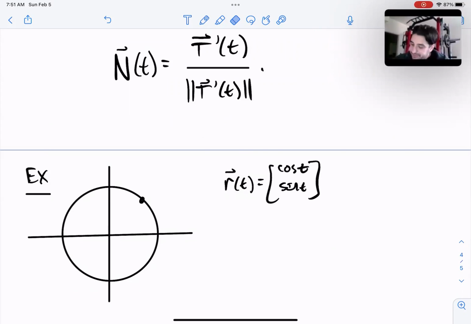If you think about the tangent vector here that we calculated, this was the tangent vector at pi over 4.